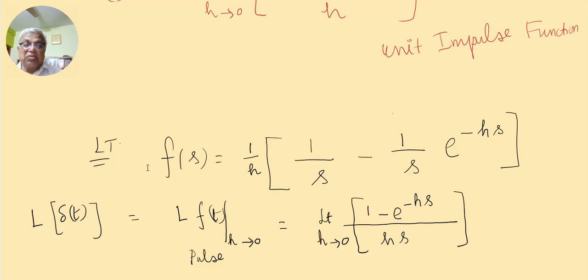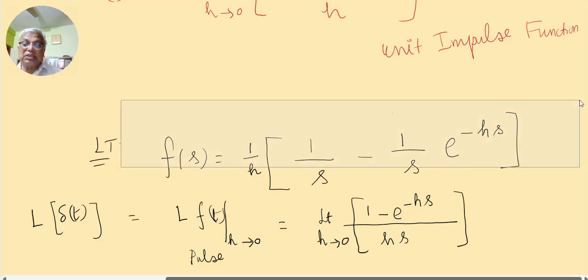The Laplace transform of the pulse function is this: F of s equal to m into 1 by s into 1 by s e power minus hs. I have taken m as 1 by h. You can recall from the previous lecture, this is the Laplace transform of the pulse function.